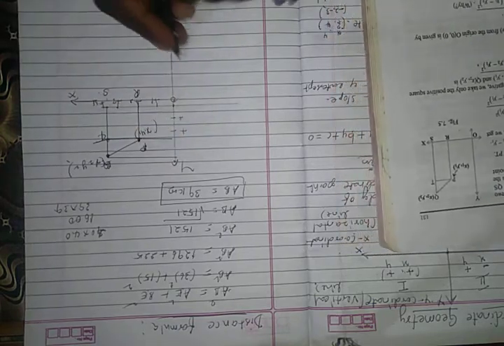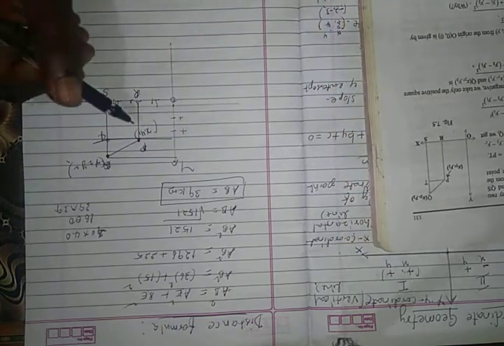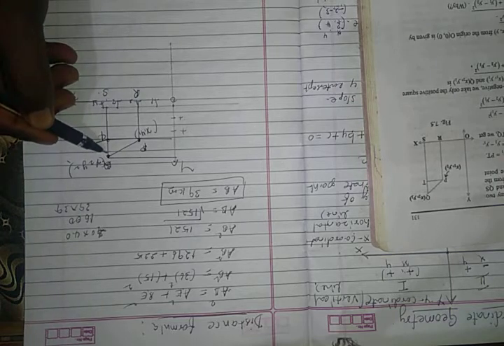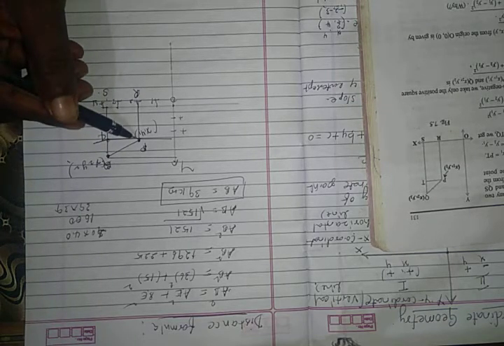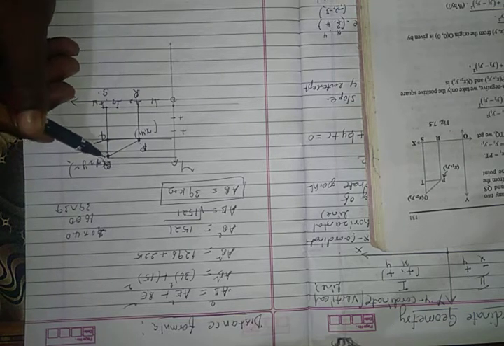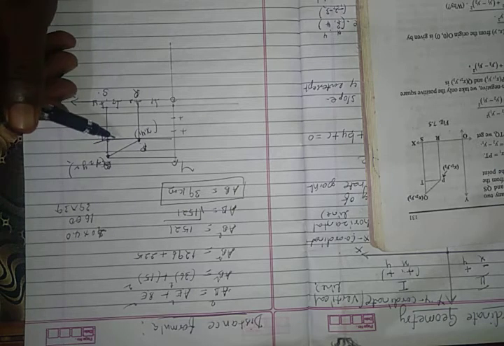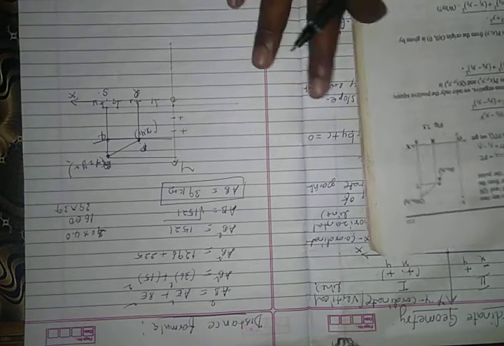Let us see. So what is QR? Here it is PQ. QR is x1 and the other is x2.